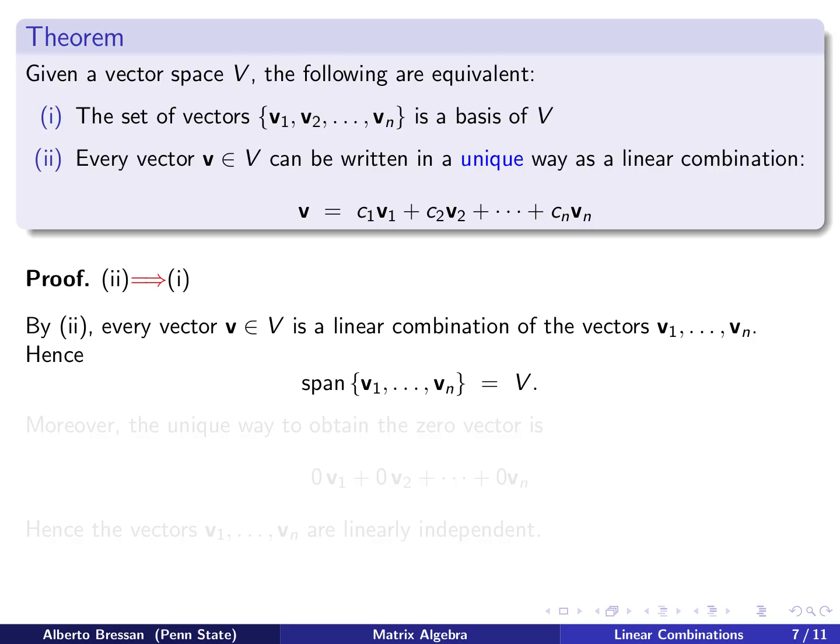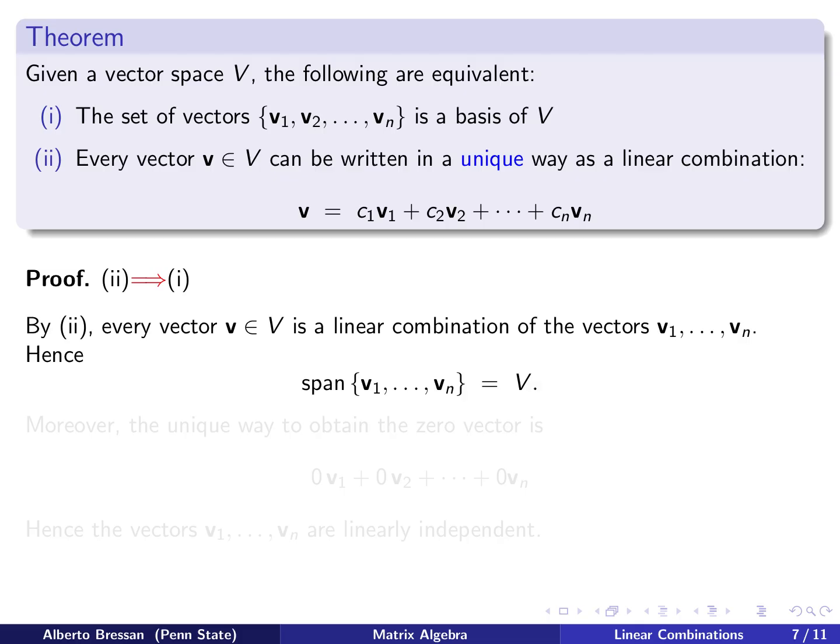To show that this is a basis, let's recall the definition we gave for a basis. There are two things there. One is that this set of vectors has to span the vector space, and second, it has to be a set of linearly independent vectors. Let's check both.